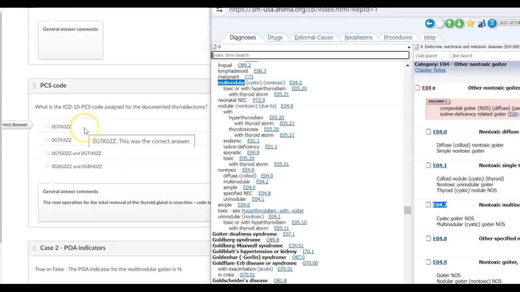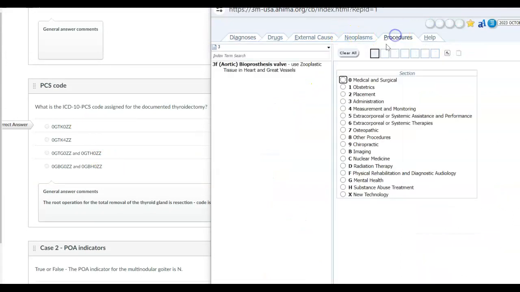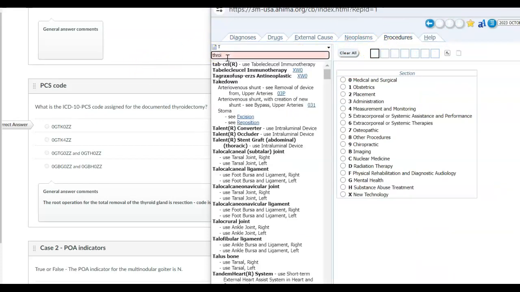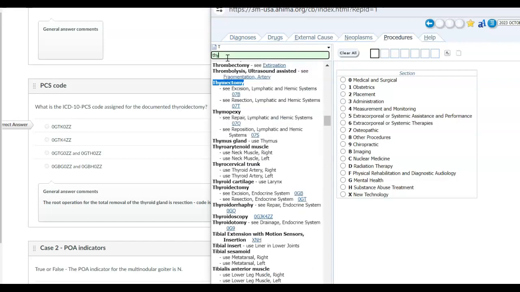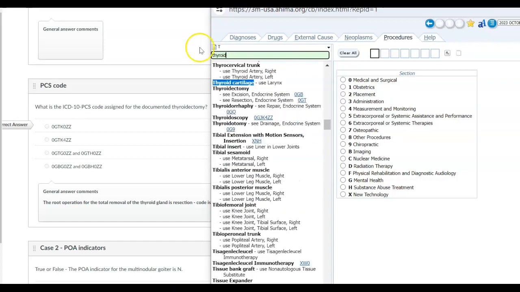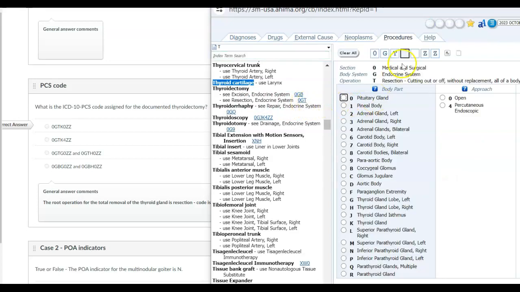Then we go into the thyroidectomy. I'm going to go ahead and put that in there. So if I go over here for thyroid, with a thyroidectomy and resection, remember the difference. Resection, they're taking out the whole thing, where excision's only partial. We want to take out the whole thyroid because they did do total.